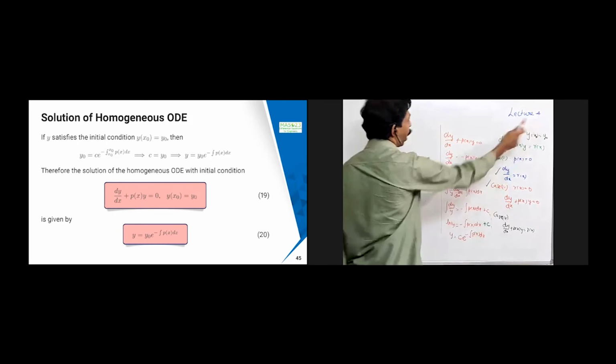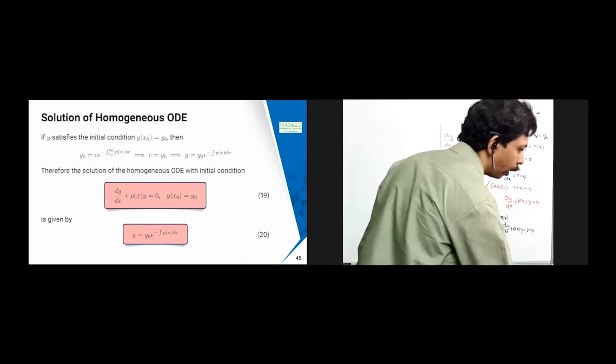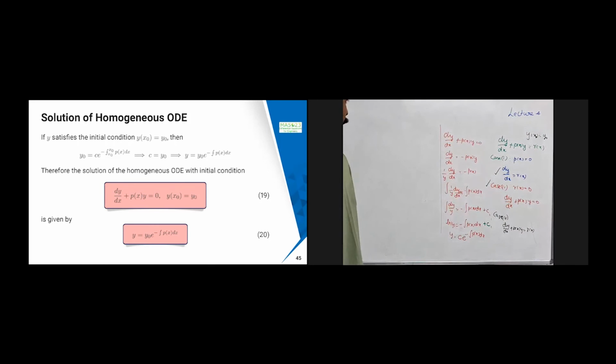Now suppose y(x0) = y0 is given. In that case, y = c e^(-∫p(x)dx), and y(x0) = y0 = c e^(-∫ from x0 to x0 of p(x)dx). Usually the integral is from x0 to x, but whatever is there is taken care of by c.